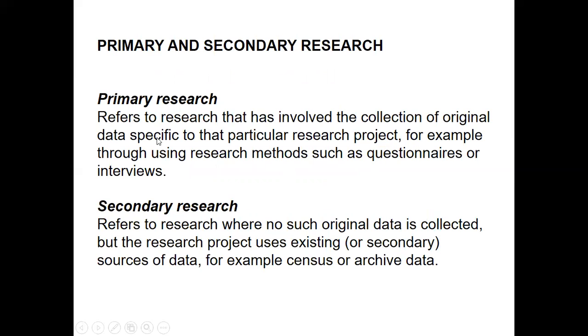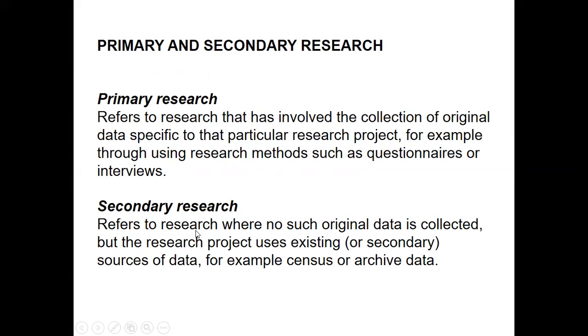Then primary research and secondary research. Primary research refers to research that involves the collection of original data specific to a particular research project. So in this type of research, we have to collect primary data, and this primary data is collected through questionnaires or interviews.